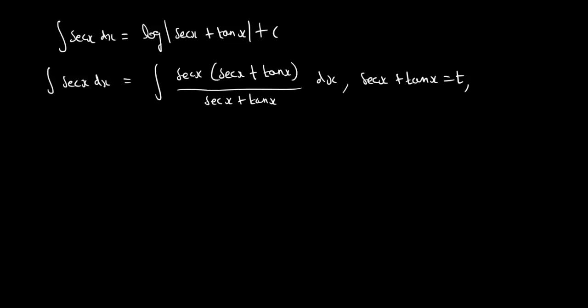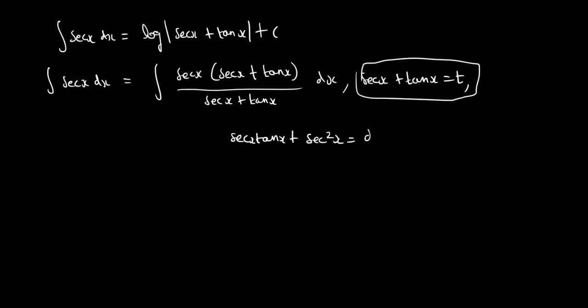So the derivative of this term will become sec x tan x plus sec square x equal to dt by dx. So dx becomes dt by sec x, just take outside the sec x, so tan x plus sec x we will get.